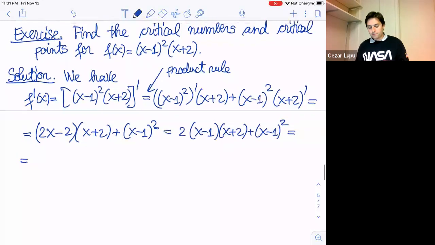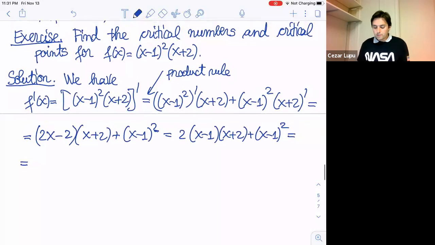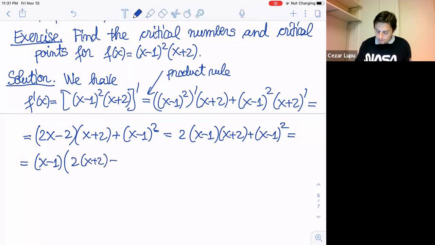equal, well, we can factor x minus 1, so it is x minus 1 times 2 times x plus 2 plus x minus 1.